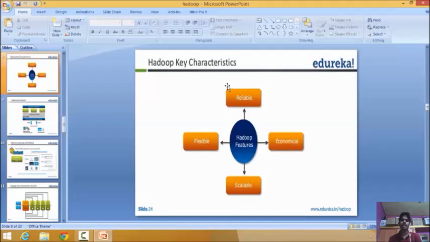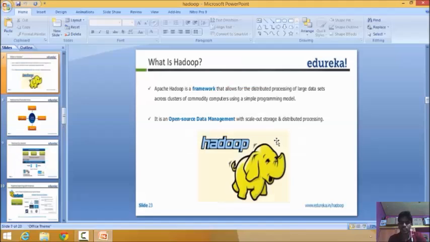Let's understand what are the key characteristics of Hadoop. See, these are the 4 key characteristics of Hadoop. First one is reliable. How is it reliable? The data is stored in different computers and the replication of data is also done, so there is no loss of data. And economical, as we are using cheap hardware; commodity computers is nothing but cheap hardware.